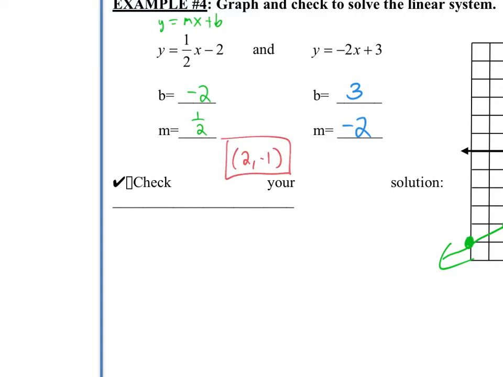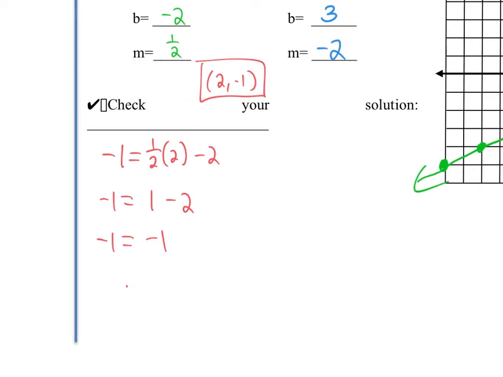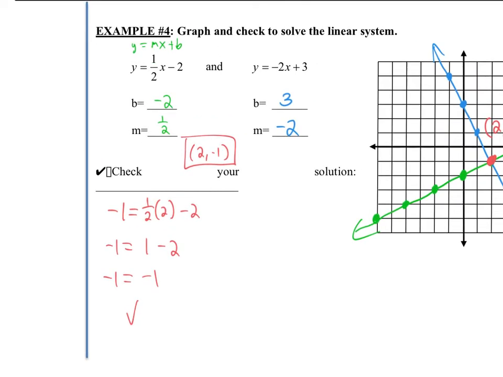So we're going to plug into the equation. -1 is our y. We're plugging into the left equation first. So we got 1/2 times 2 minus 2. Half of 2 is 1. And 1 minus 2 is going to be -1. That one checks out, right? Then we have the second equation, which is y equals -2x plus 3.